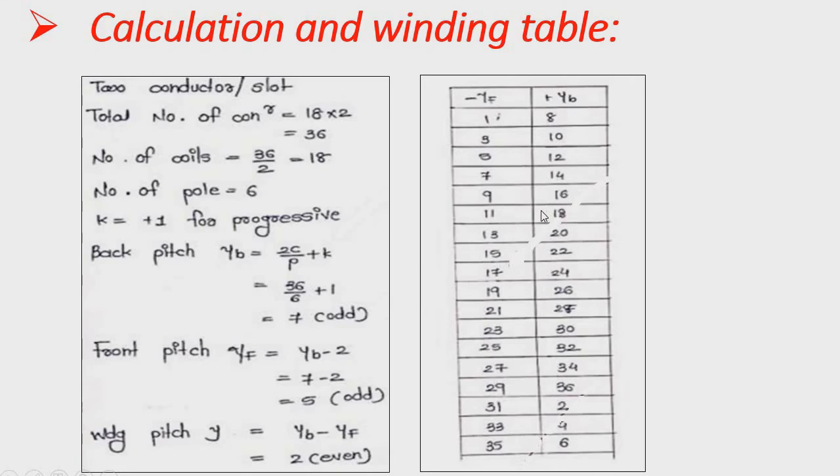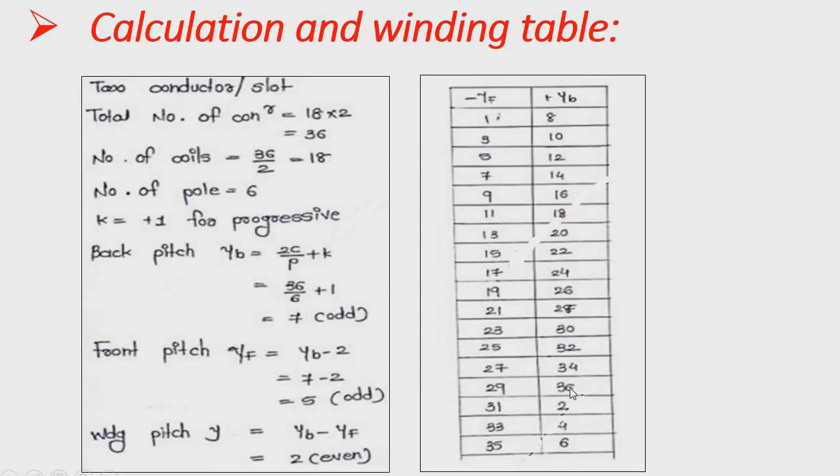So all these values are getting like this. So this is the winding table. One confusion will arise over here: when 29 plus YB, 29 plus 7, will occur 36, and our total conductor is 36.